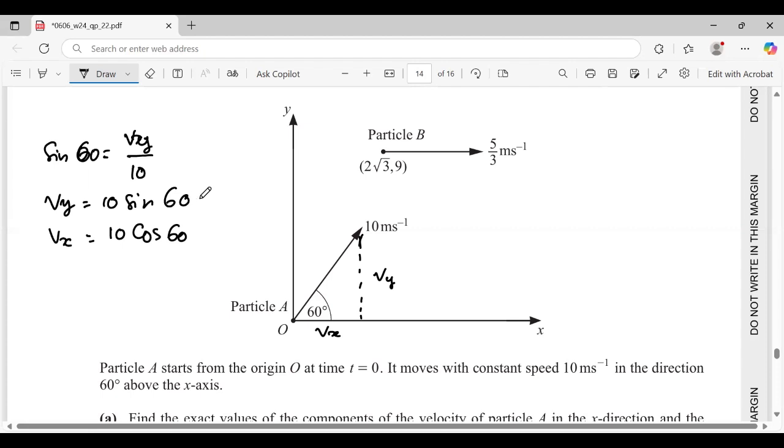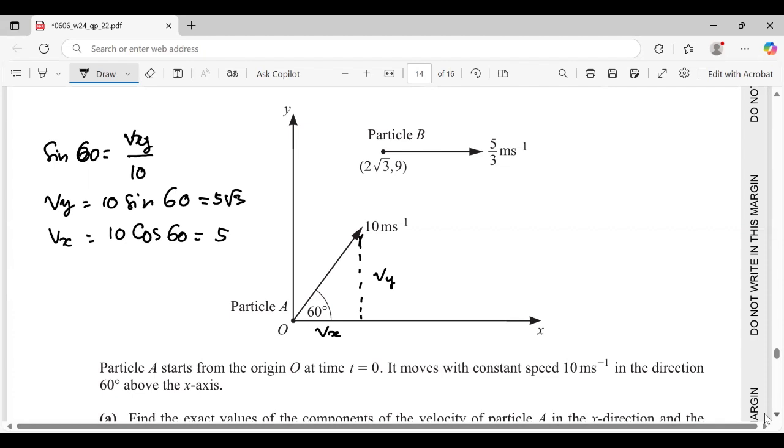If we calculate this, sine 60 is square root 3 over 2, so it means 5 square root 3, and cosine 60 is half, so this is 5.